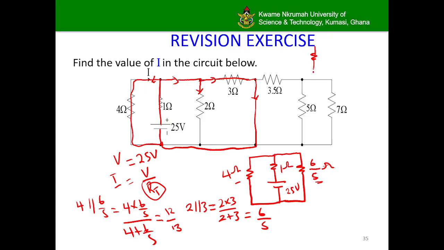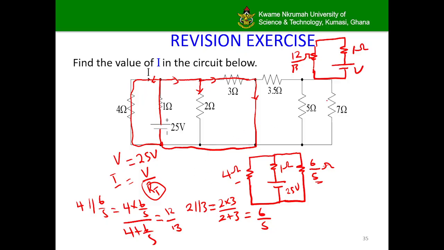So you have a resistor 12 over 13 ohms, you have your 1 ohm, and then you have your voltage source.